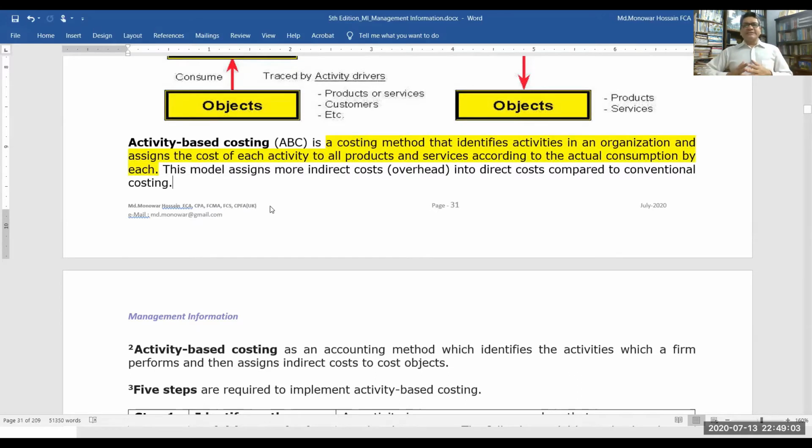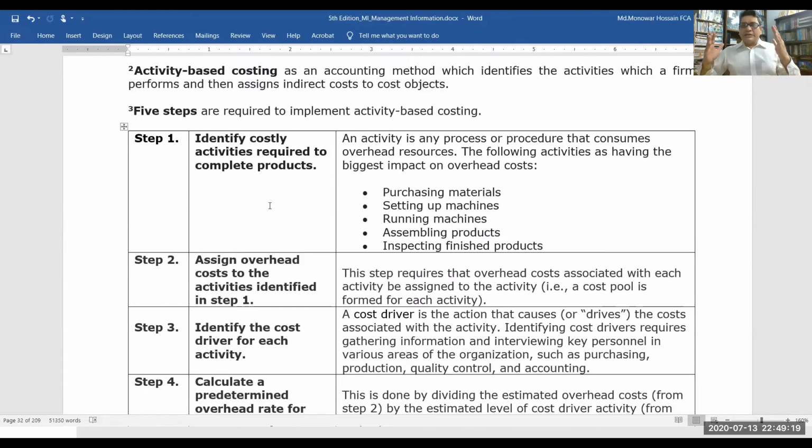This model converts more indirect cost, that is overhead, into direct cost compared to conventional costing. It is a costing method which identifies activities that a firm performs and then assigns indirect cost to the object. So basically there are 5 steps.